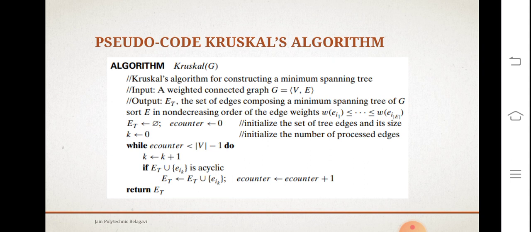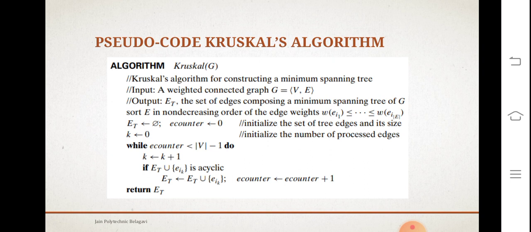While ecounter is less than number of vertices minus 1, do: k equal to k plus 1. If ET union of eik is acyclic, then ET is equal to ET union of eik, and ecounter gets incremented, that is the number of selected edges gets incremented, ecounter equal to ecounter plus 1.